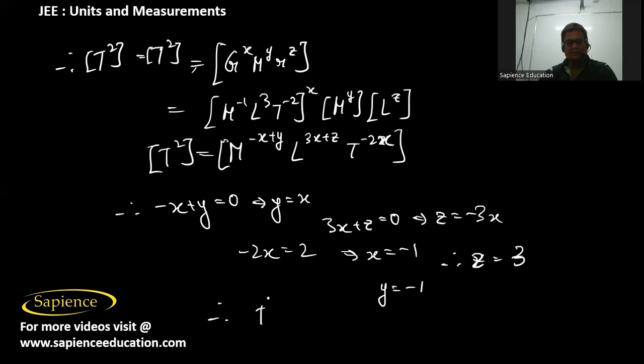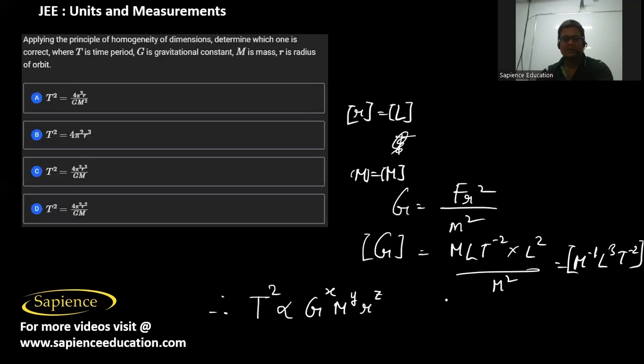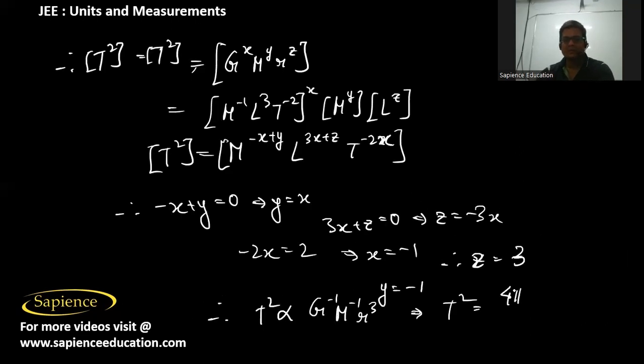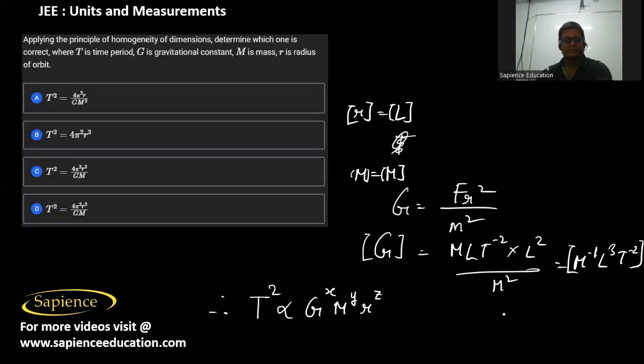So therefore T square is proportional to G power minus 1, M power minus 1 and R power 3. So I can say T square equals, if the constant is 4 pi square, 4 pi square R cube by GM. So option C is the correct answer.